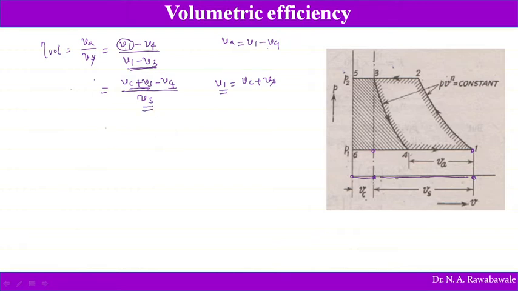So again we can rearrange this equation as Vs minus V4 minus Vc. So here Vs is taken first, minus sign is taken common, therefore V4 becomes plus and this Vc becomes minus.